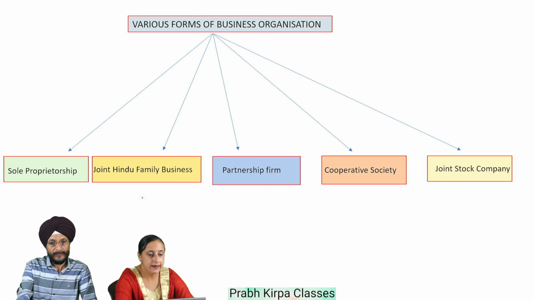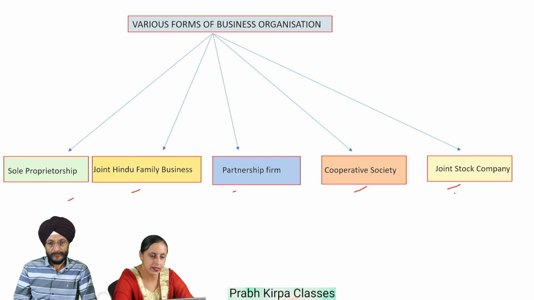Next, in this picture, we have shown different forms of business organizations, that is sole proprietorship, joint Hindu family business, partnership firm, cooperative society, and joint stock company. We will discuss each form of business organization one by one.